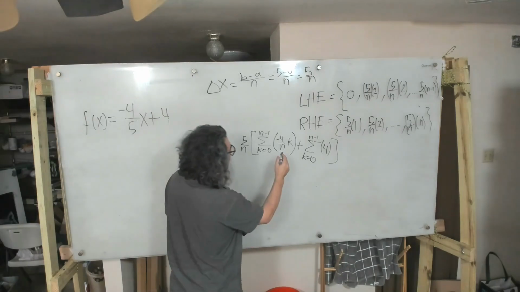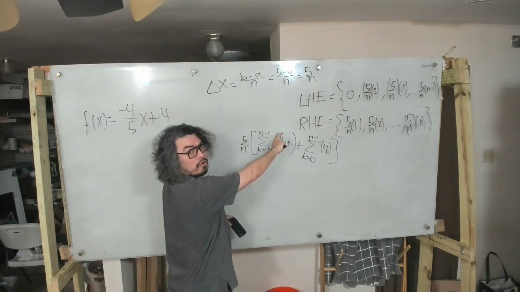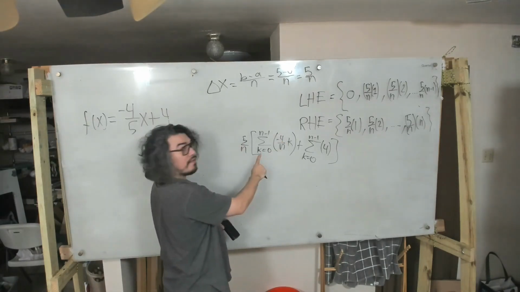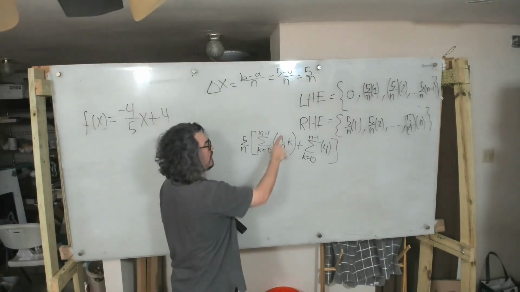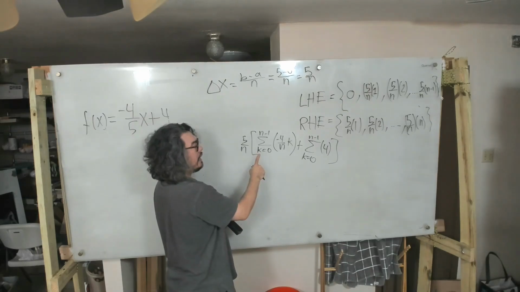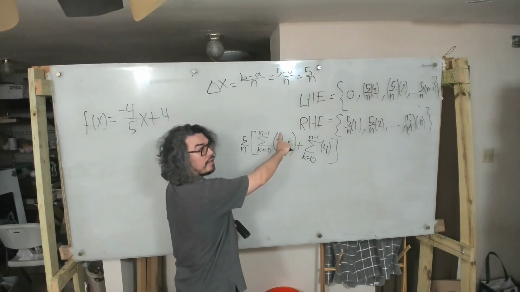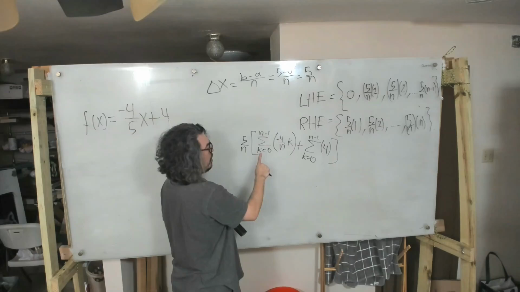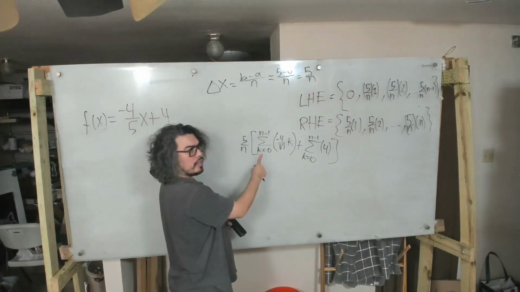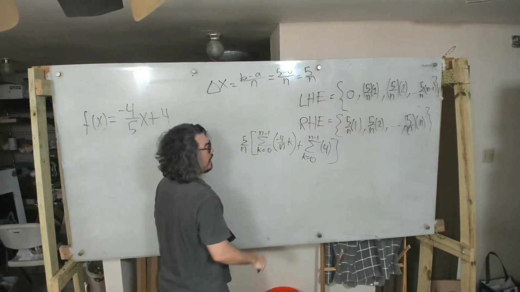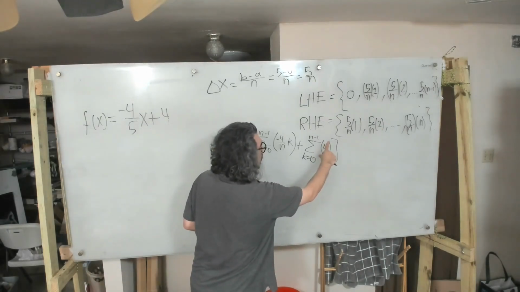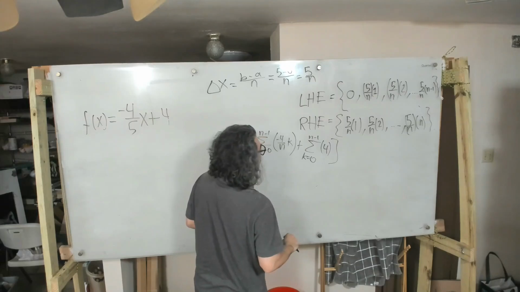So now first, I want to point out that this negative 4 over n does not have any relation to the index k. So this negative 4 over n never changes as k changes. So it can be factored out. Okay, and this 4 can also be factored out, or we can handle that in a different way.